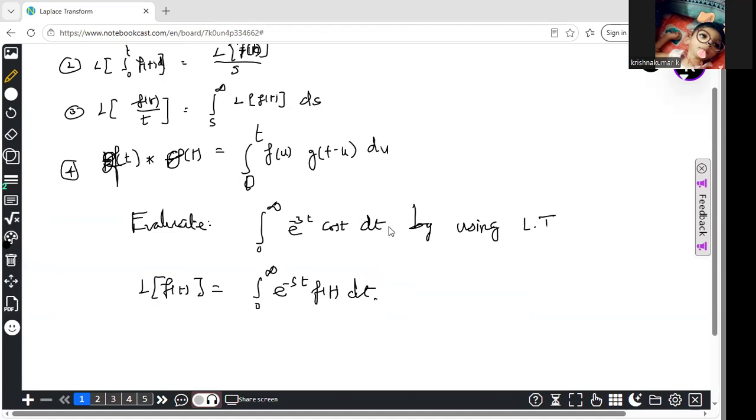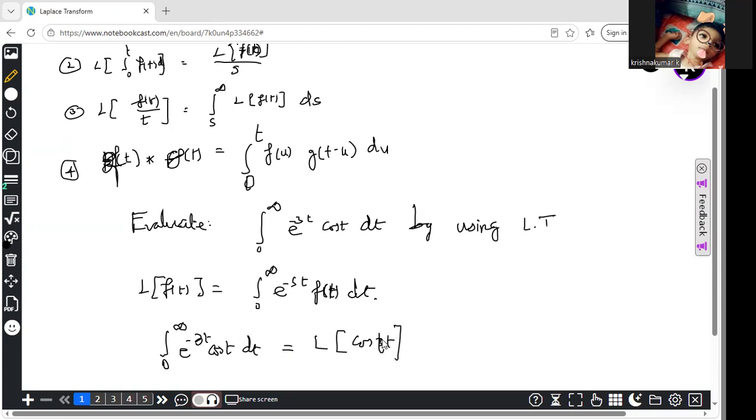In the place of f of t, we have cos t. So the integral from 0 to infinity of e power minus 3t cos t dt will be equal to the Laplace transform of cos t.